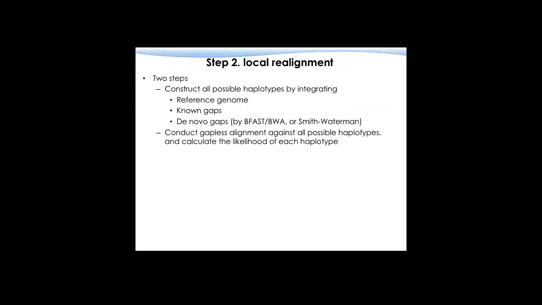And then what you do next is a gapless alignment, meaning that in this next step, when we do the alignment, we do not allow insertions or deletions. But when we do the alignment, we want to align all the reads to the original haplotype reference and the new reference I just built, okay?